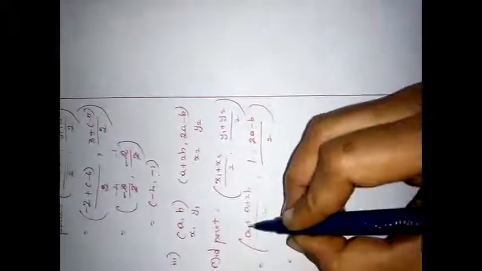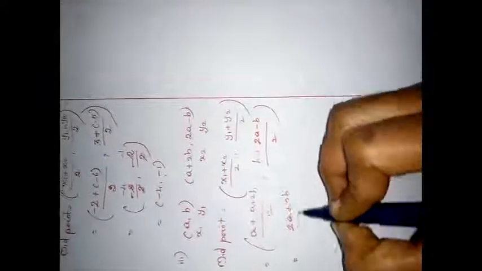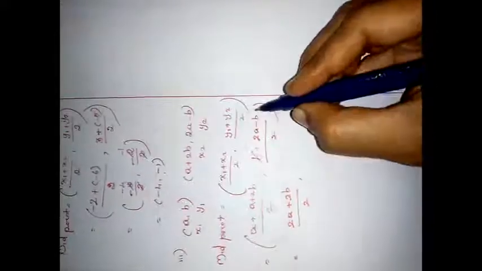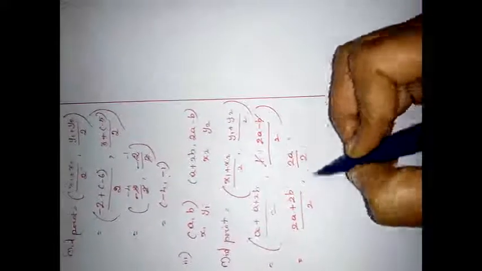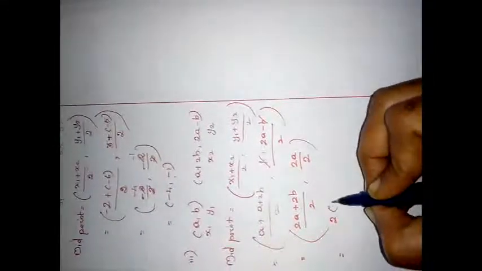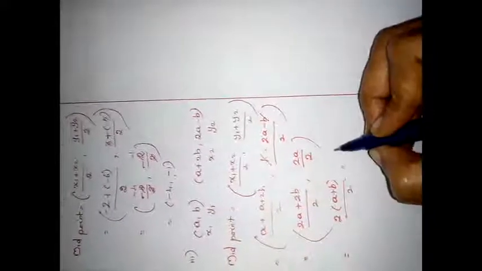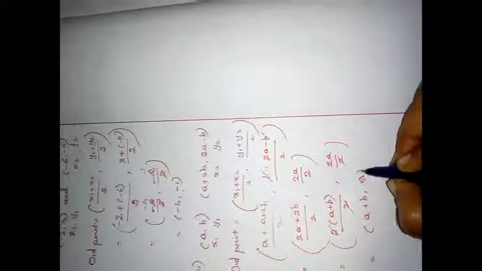Now a plus a is 2a plus 2b by 2, and plus b minus b is cancelled, remaining 2a by 2. If we take the 2 common, 2 into (a + b) by 2, 2a by 2, and the 2s are cancelled here. The midpoint answer is (a + b, a).